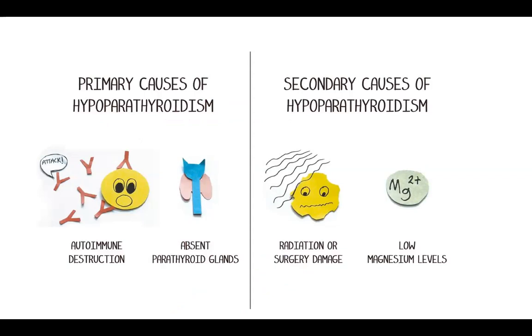In the secondary causes of hypoparathyroidism, the parathyroid gland itself was normal, but its function was disturbed. Either it got some damage, because of some radiation or some surgery, or in response to low magnesium levels. So we will label it a secondary cause of hypoparathyroidism.